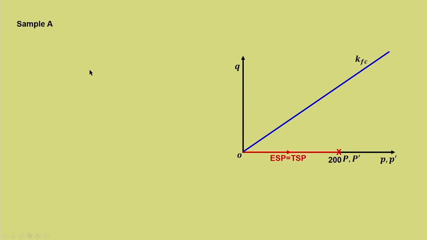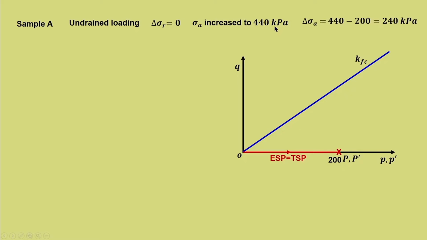Now, specifically for sample A, let us start, it is an undrained condition. Undrained loading, we know that it is at constant radial stress. So, delta sigma r equal to 0. So, interpreting the question is very important. Sigma a is then increased to 440 kilopascal.